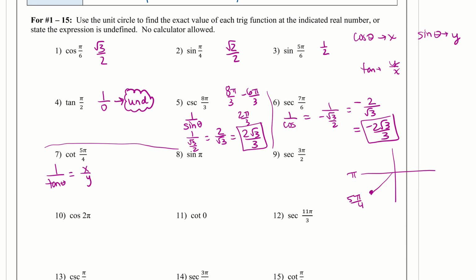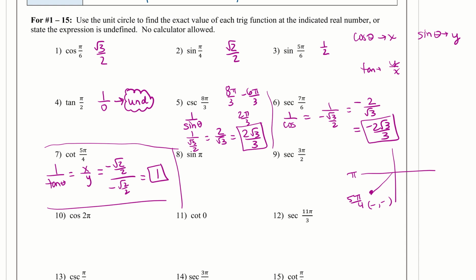And in 5 pi over 4, both the x and the y will be negative. And for any pi over 4, they're root 2 over 2. This would be the negative x value over the negative y value. Well, we're dividing by the same thing, so we get a 1.